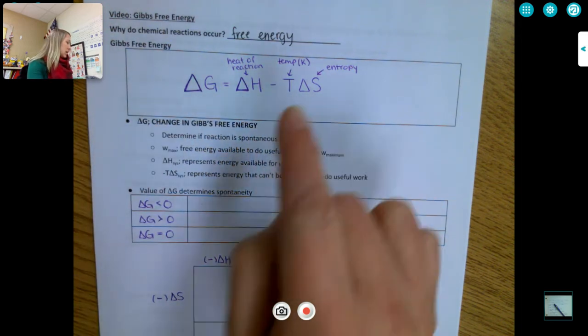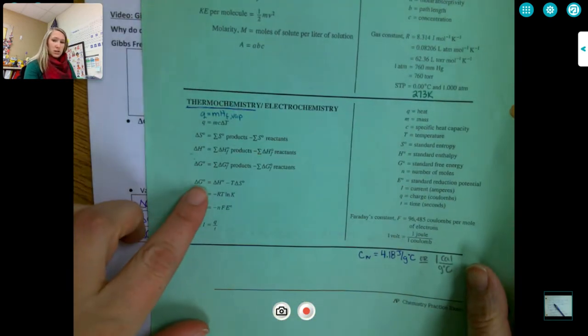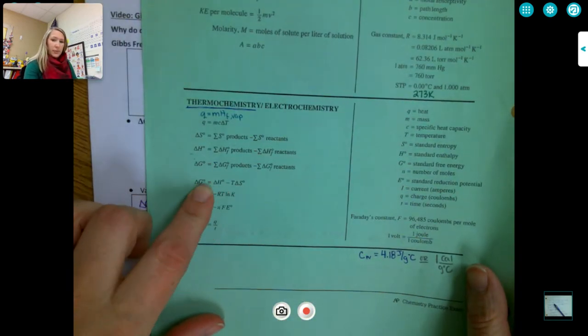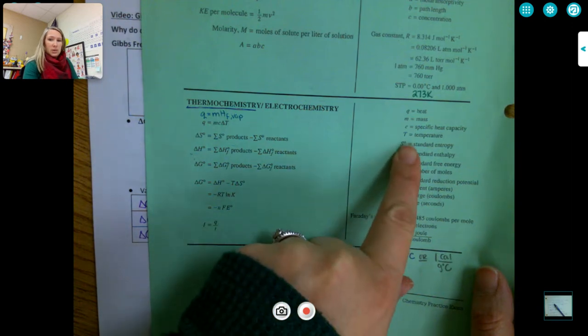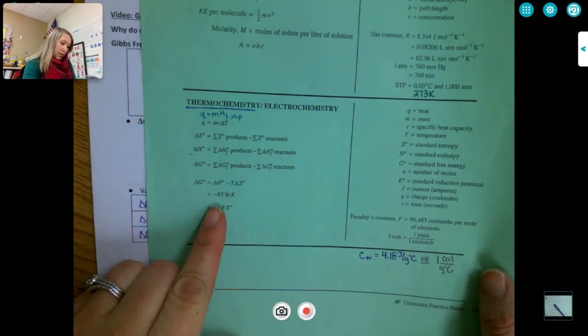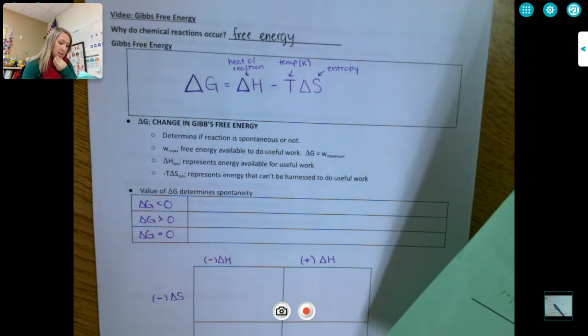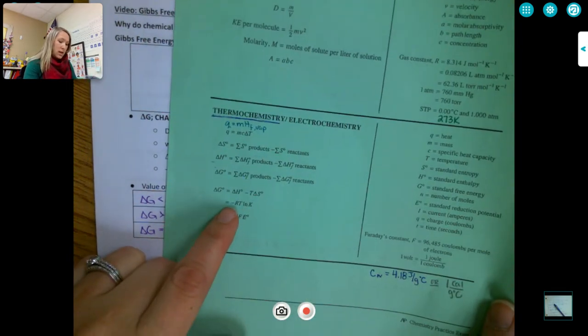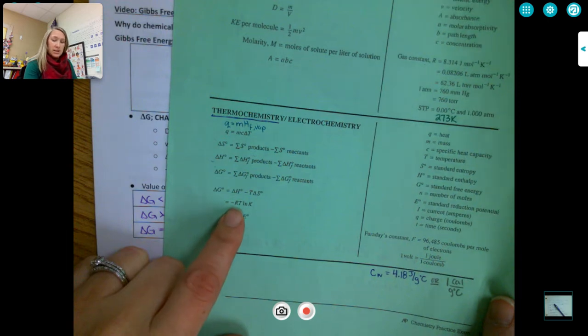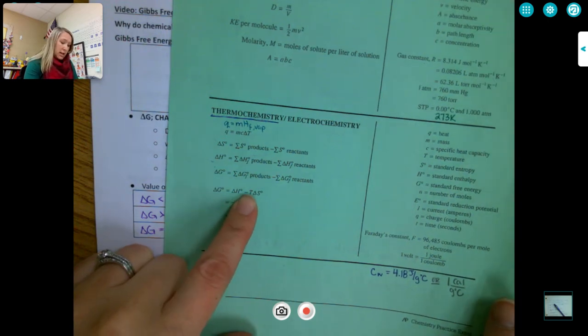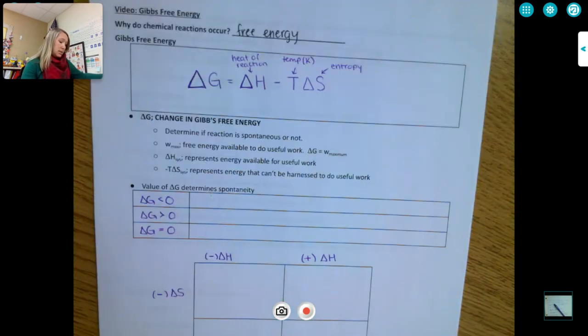And this is another formula that is on your formula sheet, so that is shown here. Okay, and again, we can see we've got temperature. For our R here, this is our gas law constant, this is our constant, and we'll look at this in a little bit. But we've got delta H, T, and delta S.